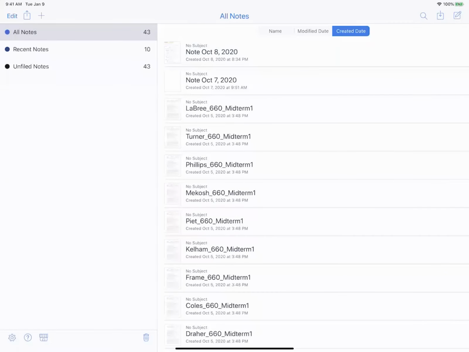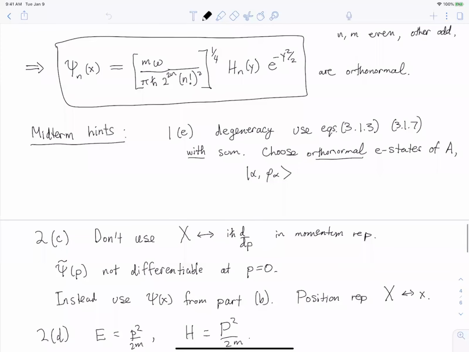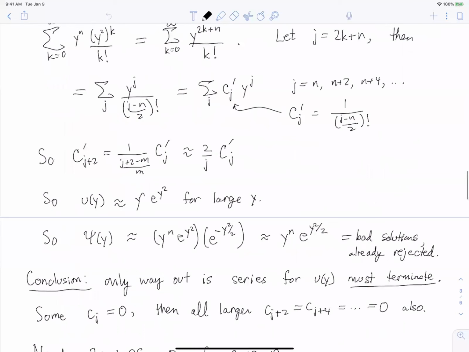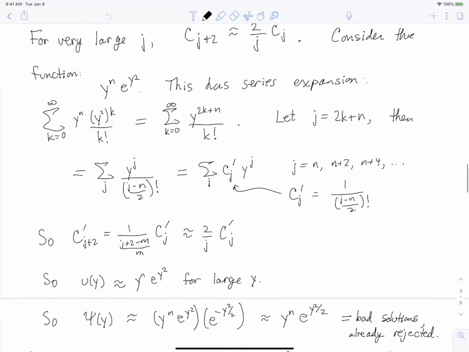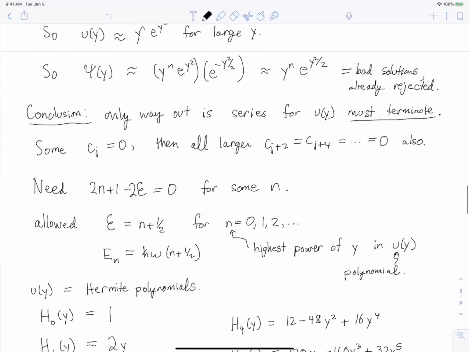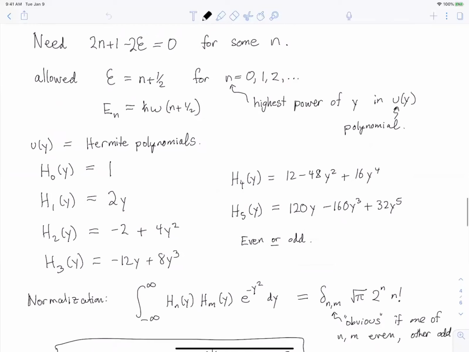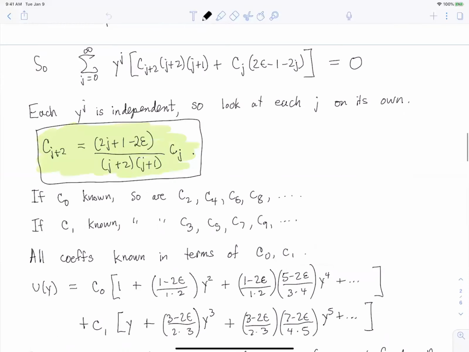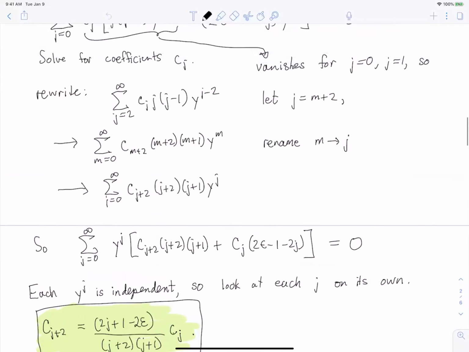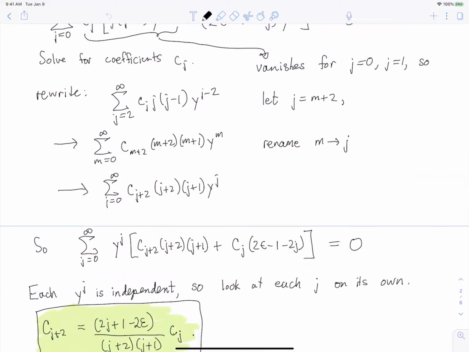Let me pull up the notes, I'll show you where it was. Please scroll up. Oh, is it perhaps here? Yeah. You renamed M to J.